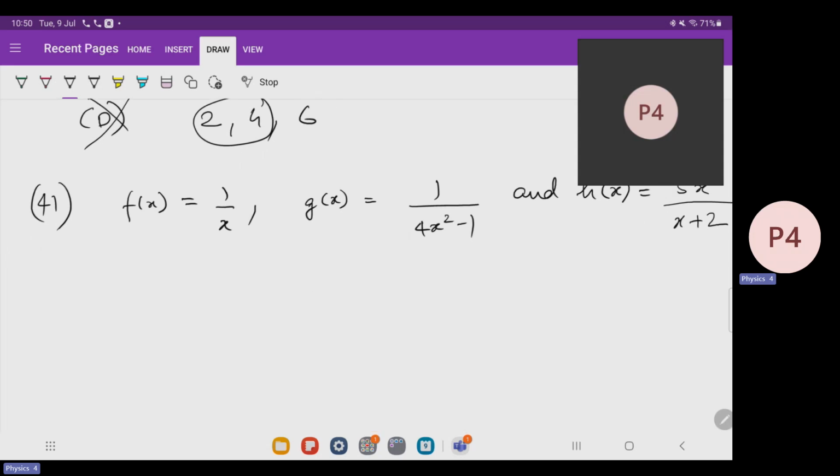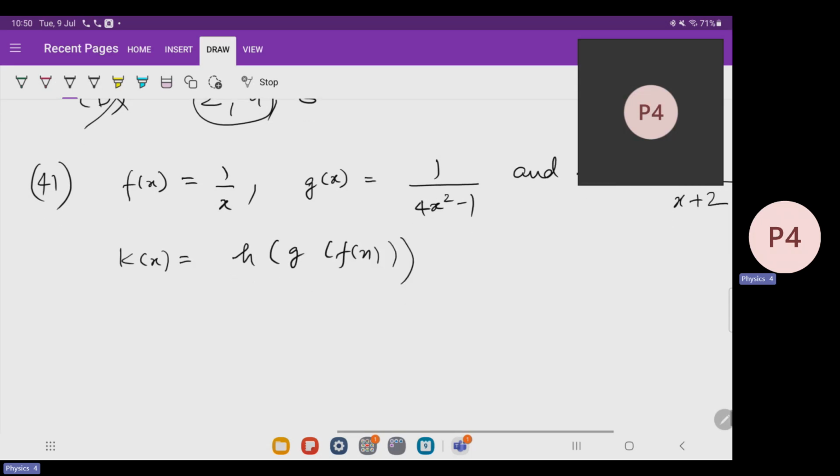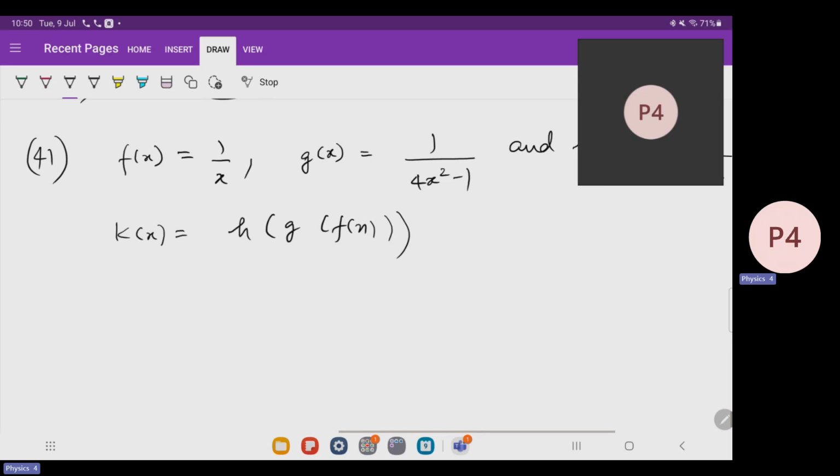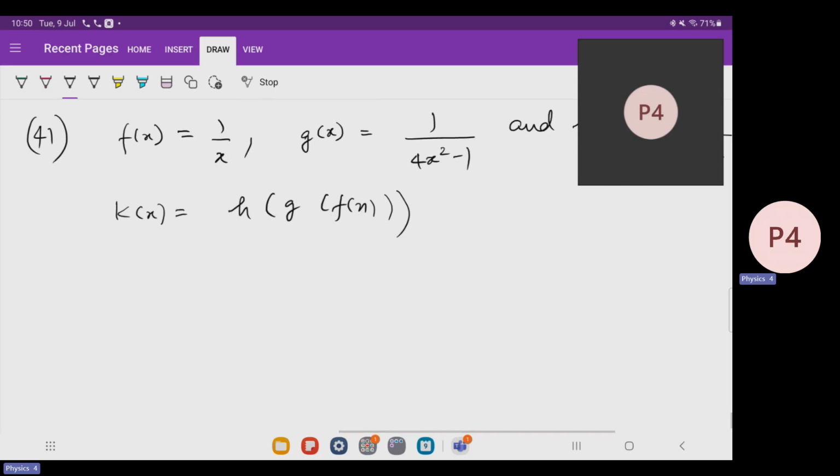Now the function k of x is equal to h of g of f of x. If the domain and range of k of x are R minus {a1, a2, a3, ..., an} and R minus {a} respectively, where R is the set of real numbers, we have to check which option is correct.